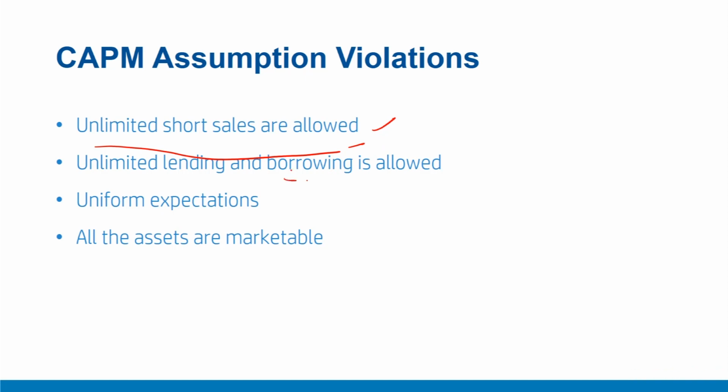Unlimited lending and borrowing at the risk-free rate is allowed. All of us know that we cannot lend and borrow unlimited amounts at the risk-free rate. While you can lend a large amount of money in a risk-free manner, you cannot borrow it. As you keep on borrowing, your leverage increases and the interest rate charged on you also increases, which reflects the premium that you are paying or the risk that you are bearing.